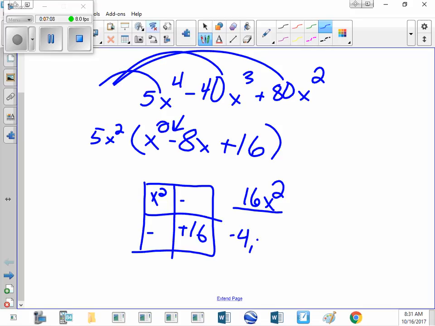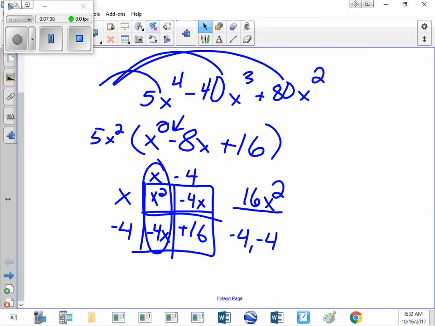Negative 4 and negative 4. So I put in negative 4x and negative 4x. What does the top row share? X. If I take an x out, what's left? X minus 4. And if I take an x out of here, I get minus 4.